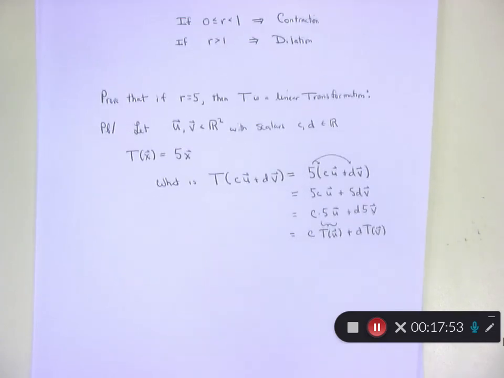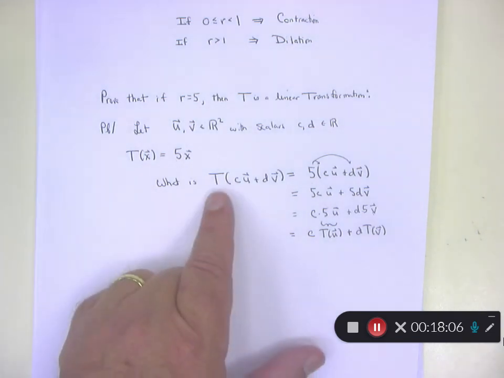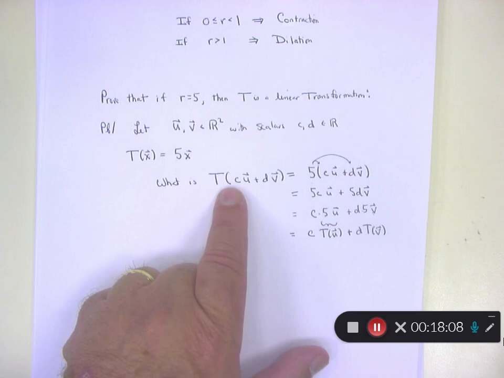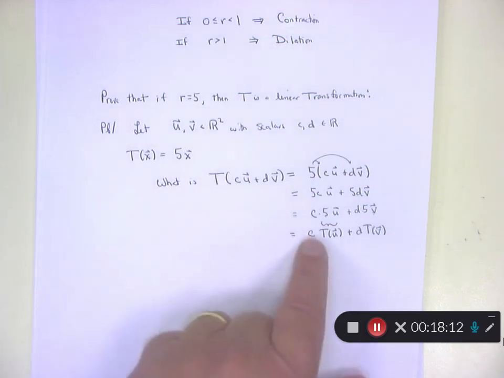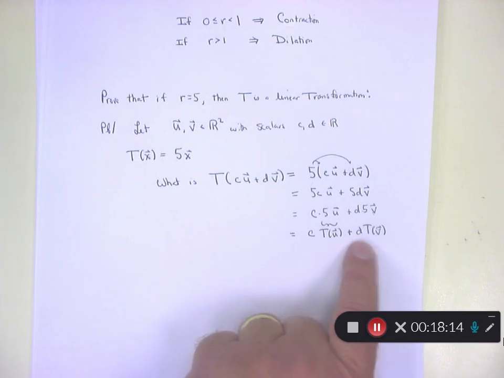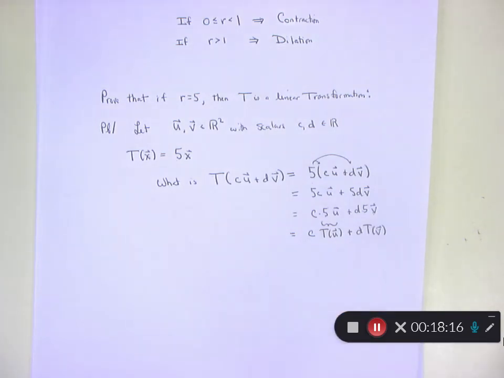So what have I just shown you by just playing with arbitrary c, d, and vectors u and v, and this linear transformation T of x equals 5x? I have just shown you that an arbitrary T of cu plus dv is equal to c times T of u plus d times T of v. Right? What is that? It's my definition of linear transformation.